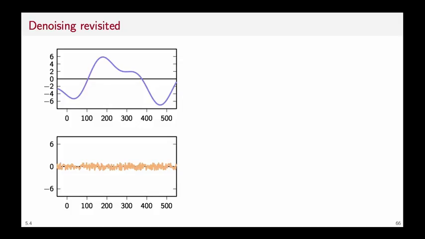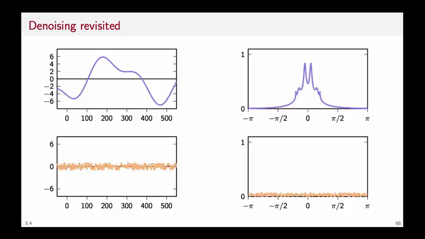Let's go back to our denoising example that we studied in the time domain in the previous module and look at its development in the frequency domain. Remember, we had a smooth signal, here we're talking time domain, that was corrupted by some additive noise that we represent here in orange.